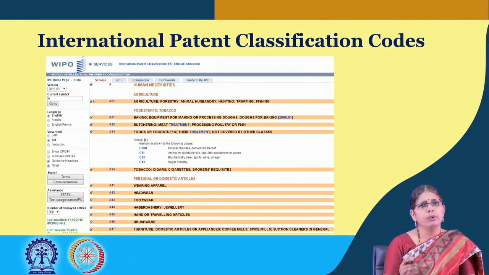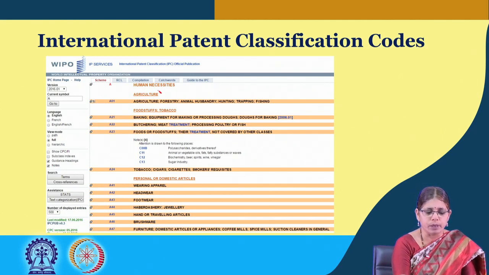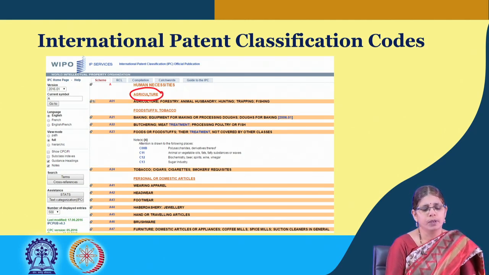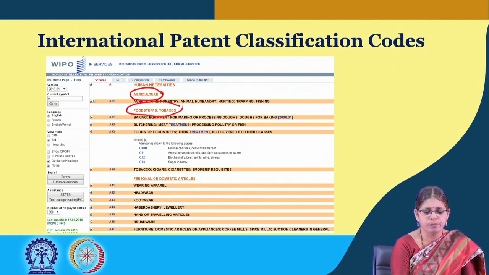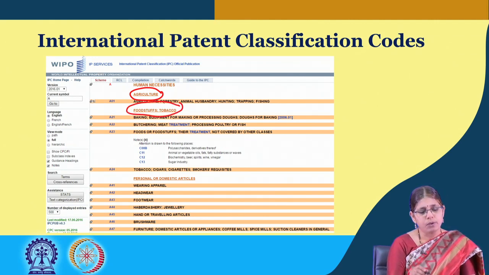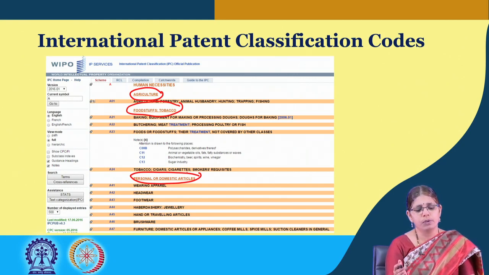If you look at human necessities, which is A as a category, you would basically have 3 different groups under that which could be classified: those belonging to agriculture, those related to food, and those relevant for use by humans, which could be personal or domestic articles. Accordingly, you have further nodes wherein you have A01.